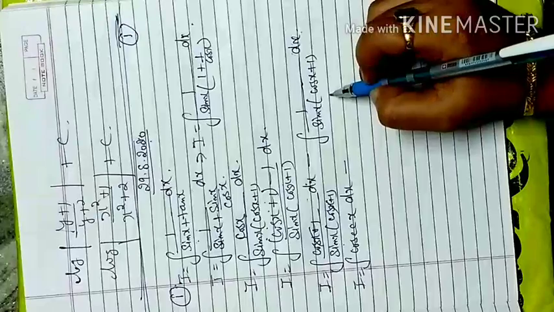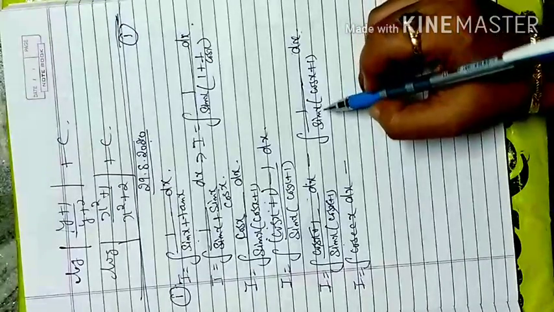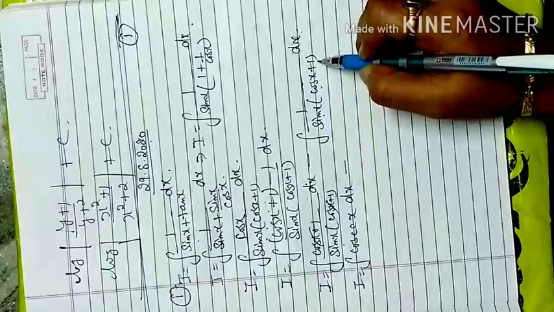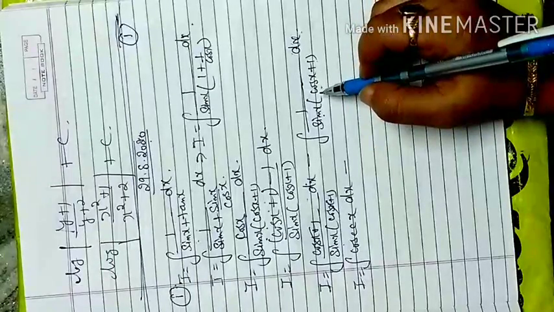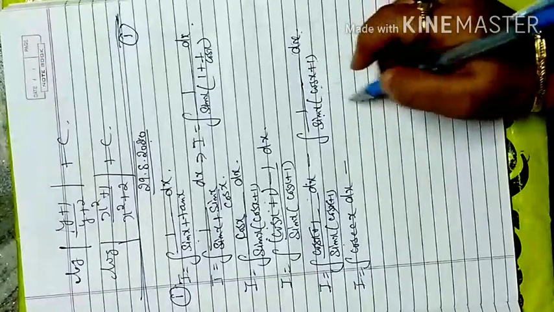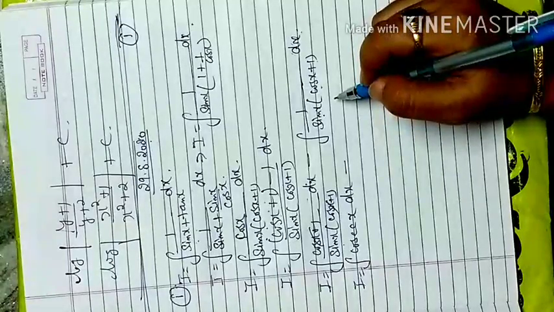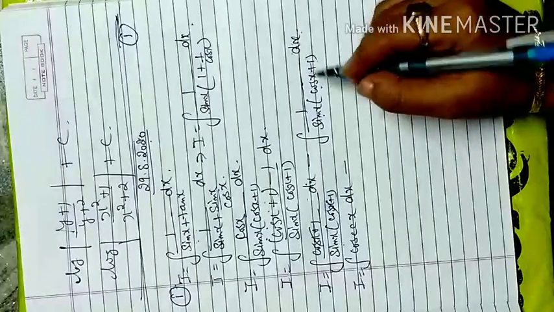This type of question we have already done. I told you, when only sin x is outside and the combination of 1 plus cos x is inside, you have to multiply sin x in the numerator and denominator both, so that I can convert the denominator into a single trigonometric form in cos x, and the differentiation of cos x stays in the numerator.